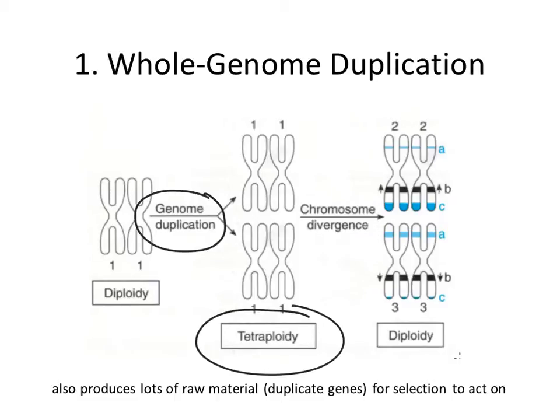But the reason that evolutionary biologists think that this is something that occurs, that we observe so many species that are tetraploid, octoploid, 8 copies of every chromosome, and decaploid, dodecaploid, is that having that many copies of every gene in the genome means natural selection has something to play with. Like natural selection's playground.